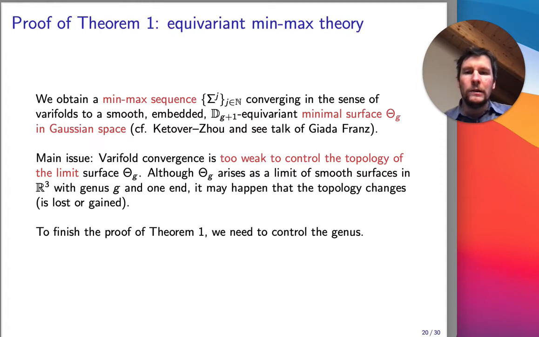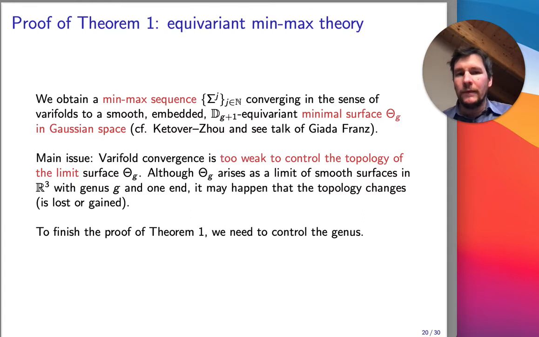Okay? So although this sigma g arises as a limit of smooth surfaces that all have genus g, it could happen that topology is gained or lost in the limit. Okay? So it changes. And so to finish the proof of theorem 1, we need to control the genus.